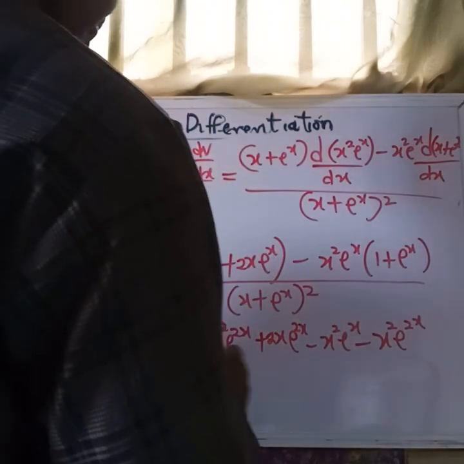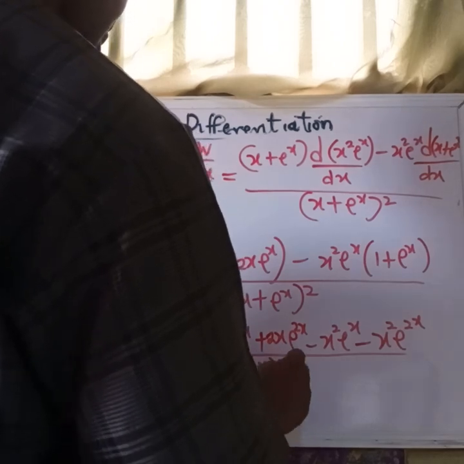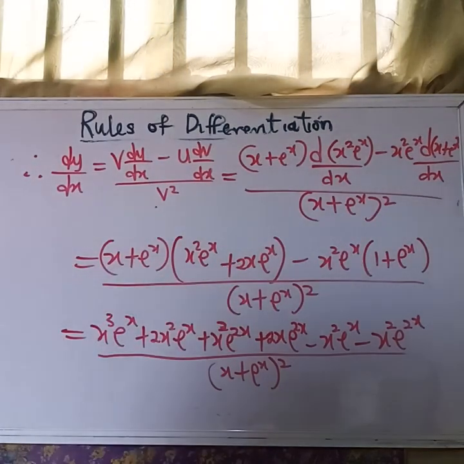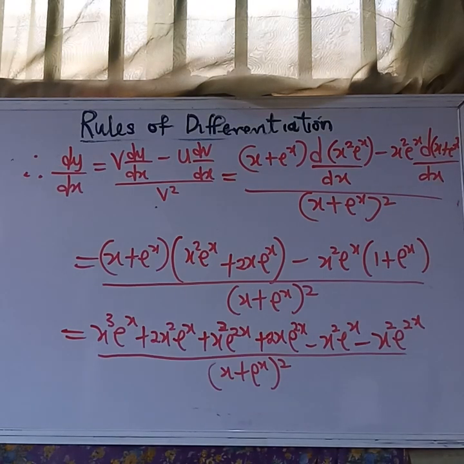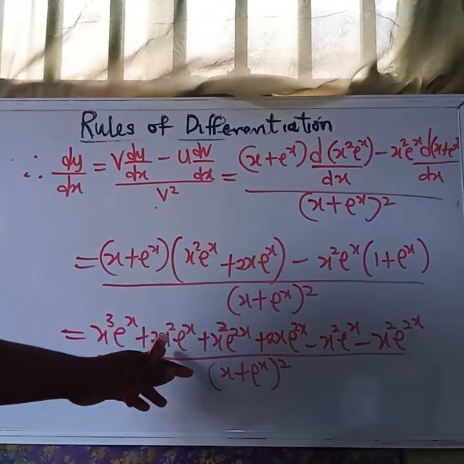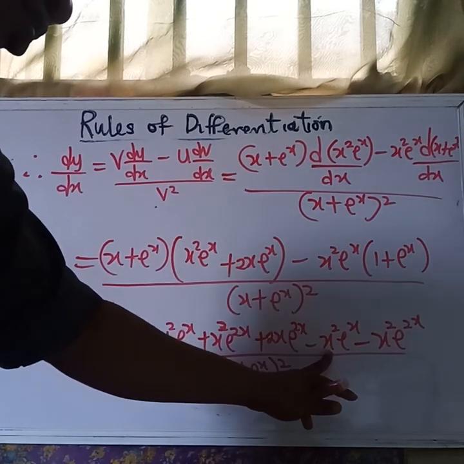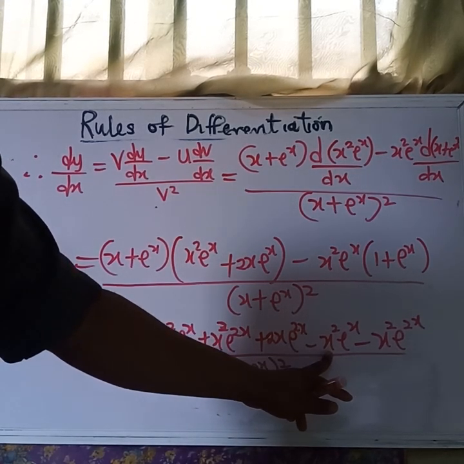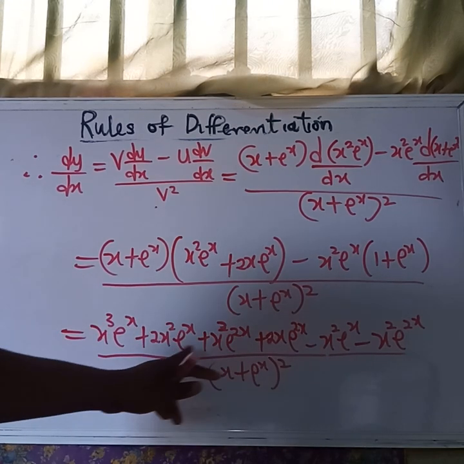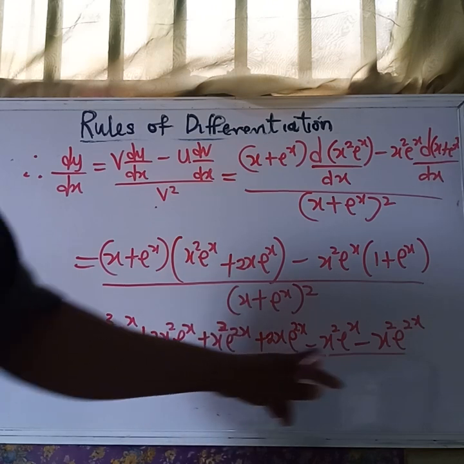So everything is over x plus exponential x all squared. Let's see which terms I can cancel out here. If you look at this term, we will remove one of the terms here. So this is removed, and also this, this term, so remove this.